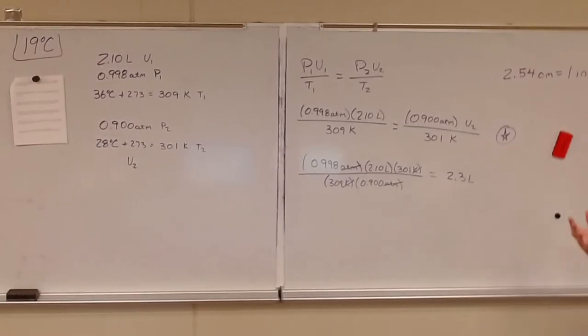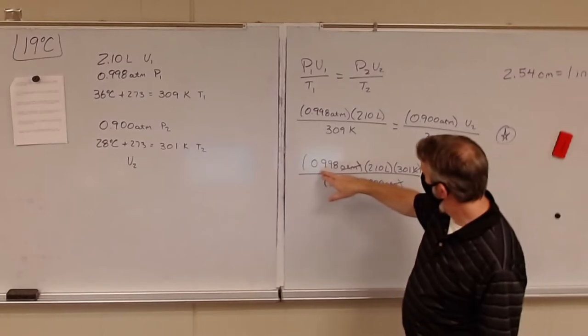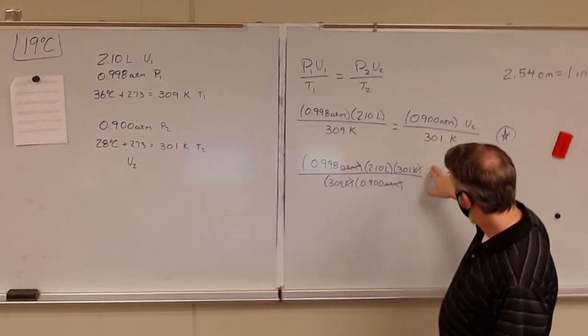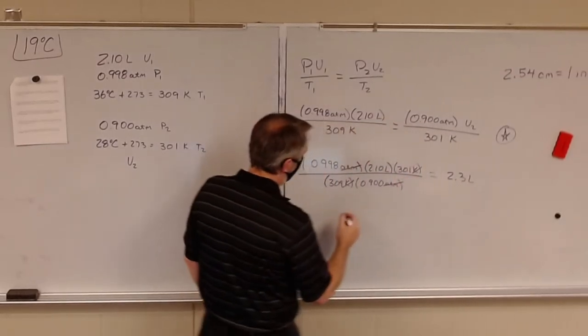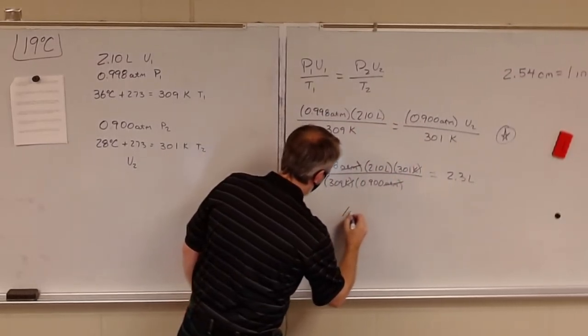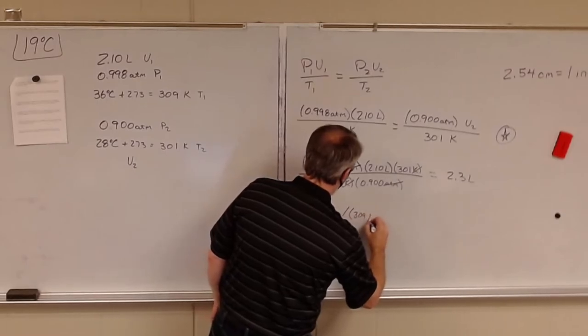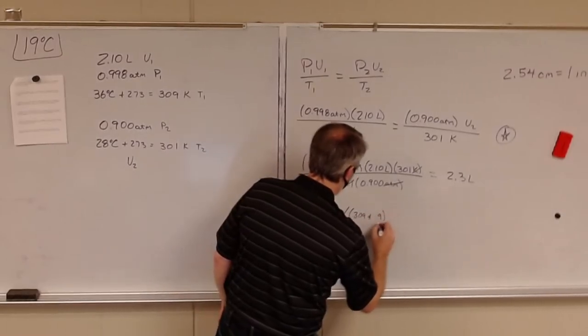So if I'm doing this, I'm multiplying all these guys. Okay? And then I'm dividing. So if I was typing this in the calculator, I might type this whole thing, and then I do divided by 309 times 0.9.